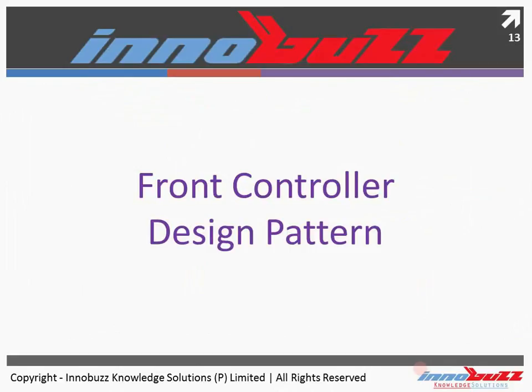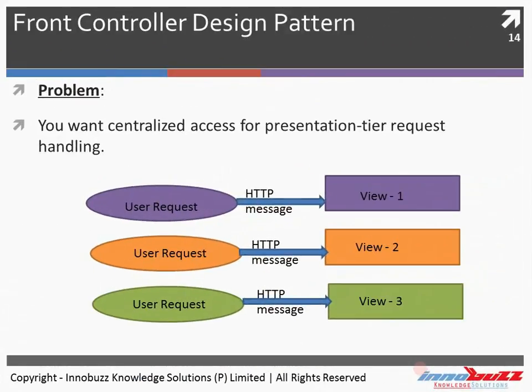Let's see the front controller design pattern. Suppose you come across a problem in the development of your enterprise application where the problem states that you want centralized access for presentation tier requests.